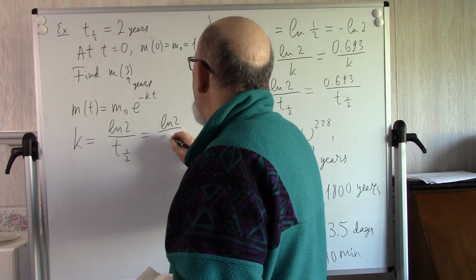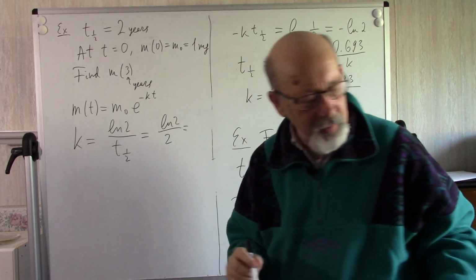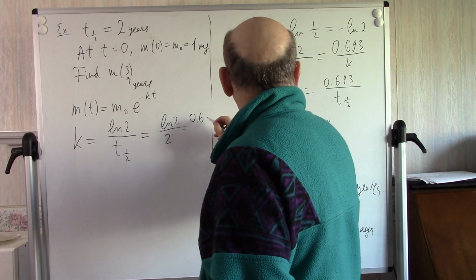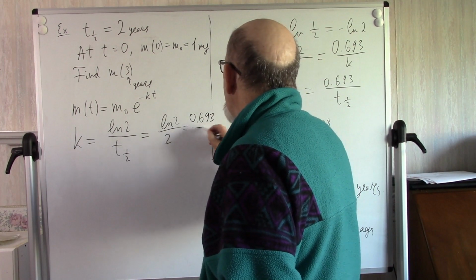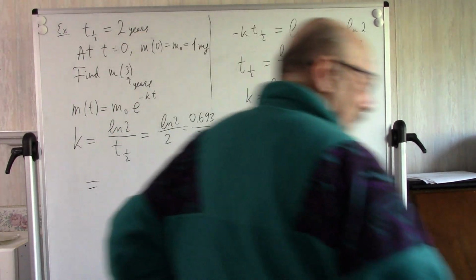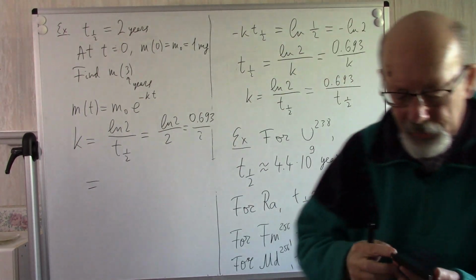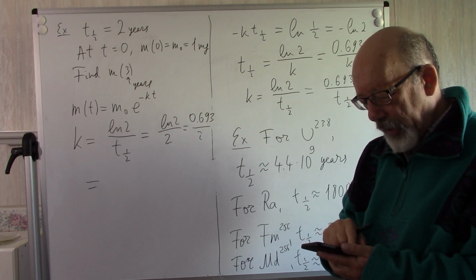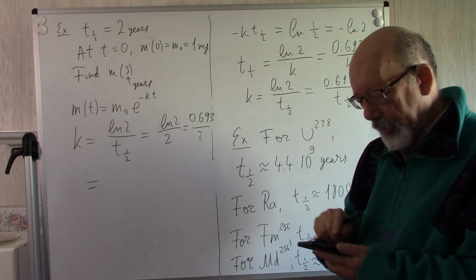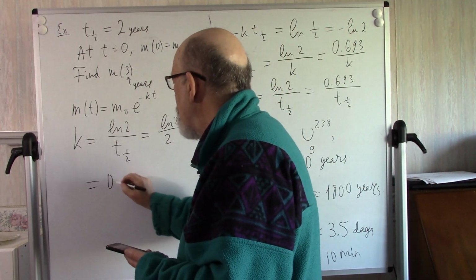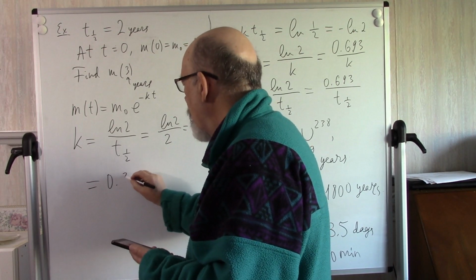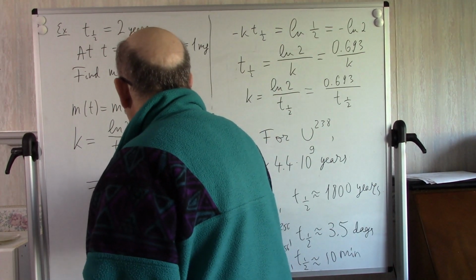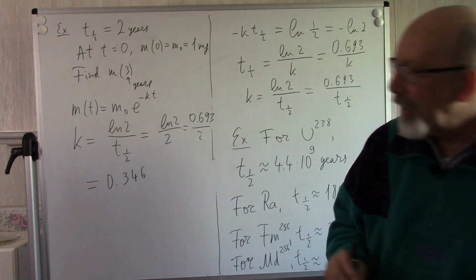So logarithm 2 divided by 2 equals 0.693 divided by 2 equals 0.346. So this is k.